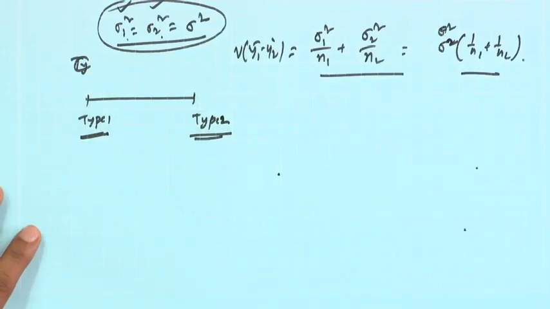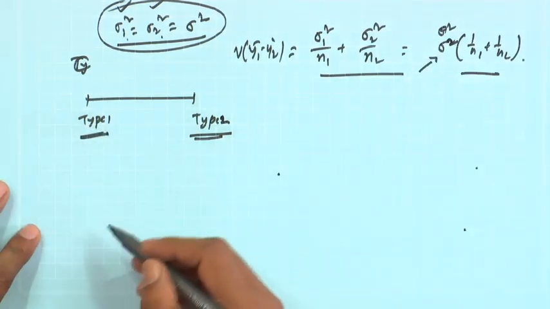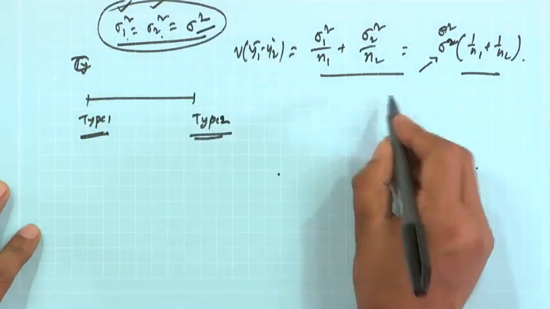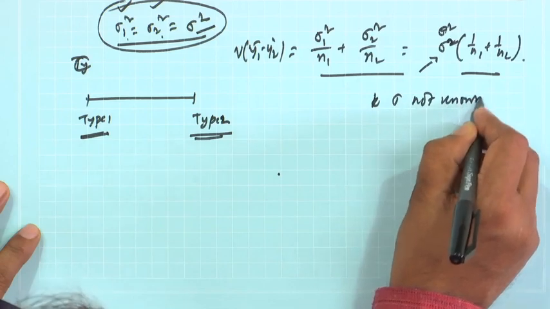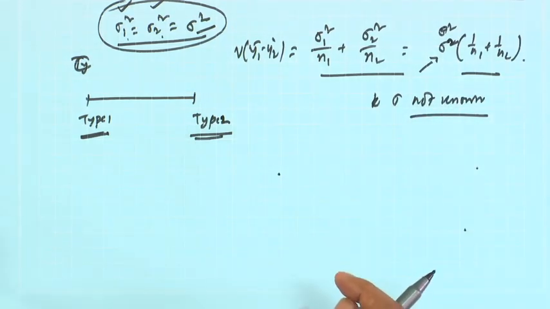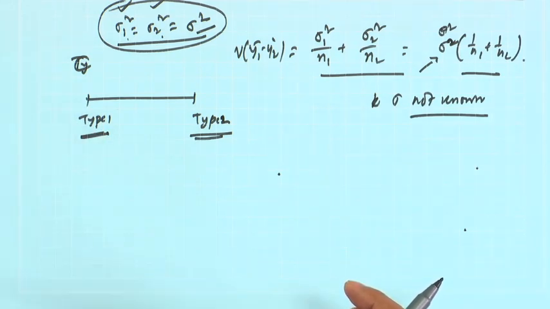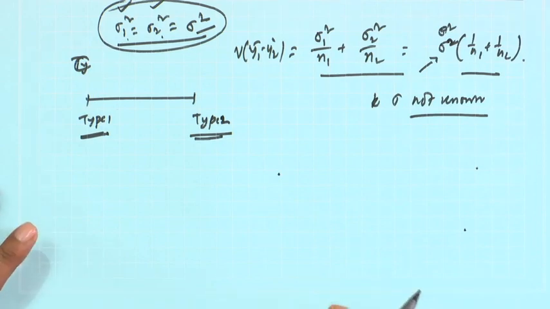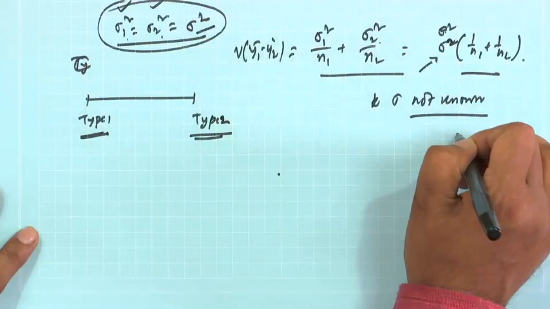Suppose what happens is that you do not know the sigma square, sigma is not known. If sigma is known, and the sample size is large, or sigma is known and it comes from a normal population, you use the Z distribution, fantastic, no problem. Suppose sigma is equal but not known.